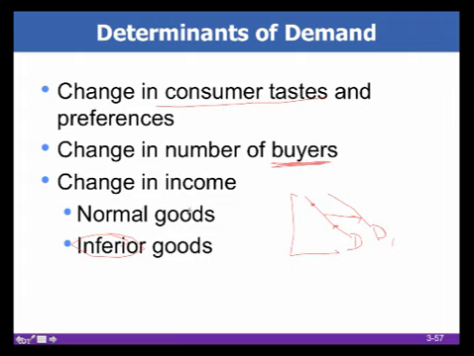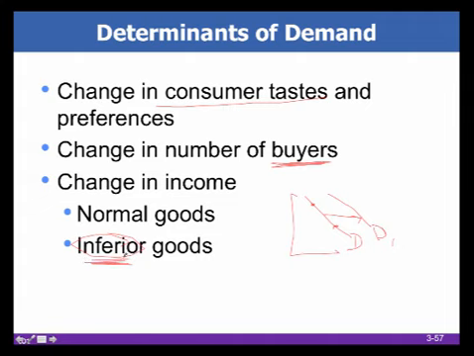Normal goods are things that we buy more of when times are good and our income rises. Normal goods, we buy more when our income rises. Most goods that we think of are normal goods. But then there's also inferior goods. Inferior goods are things that we buy less of when our incomes rise. So used cars would be a good example here, right?